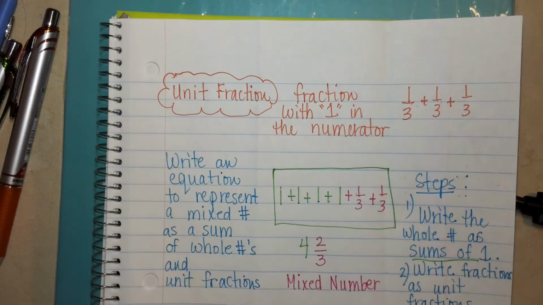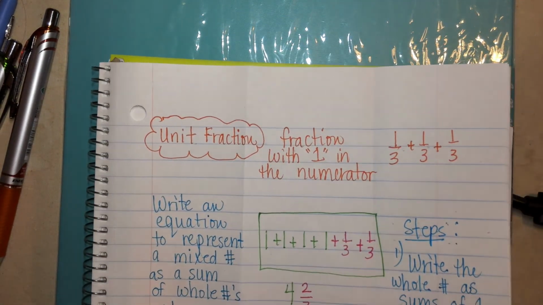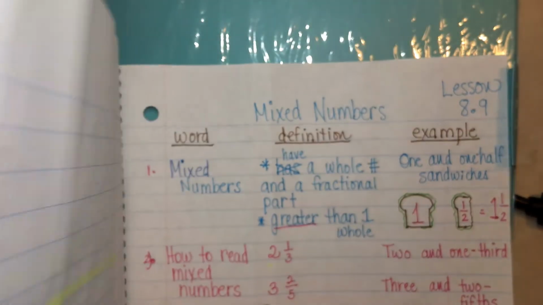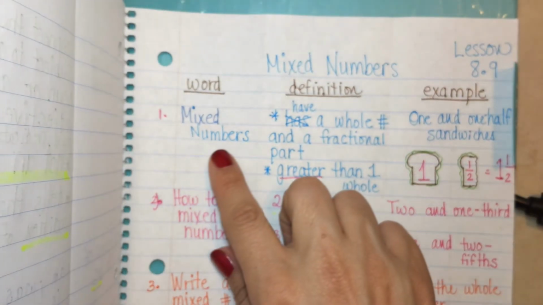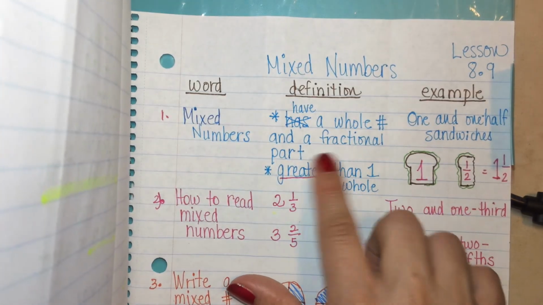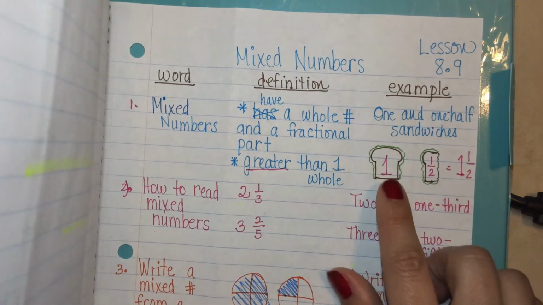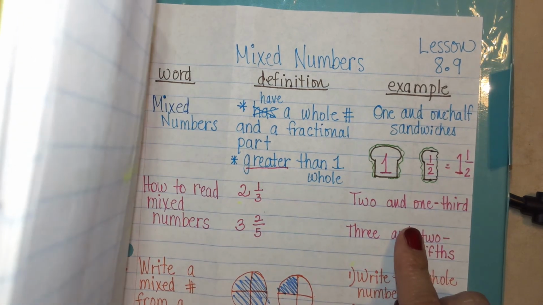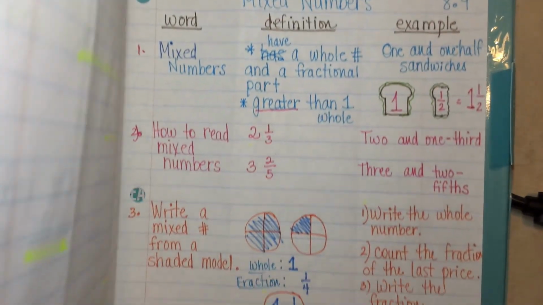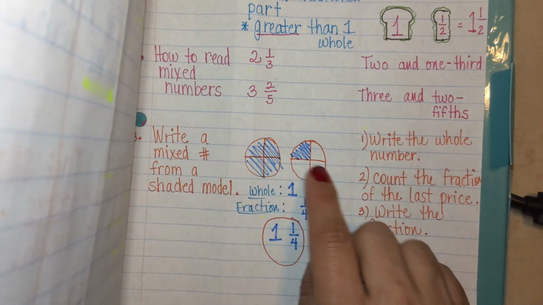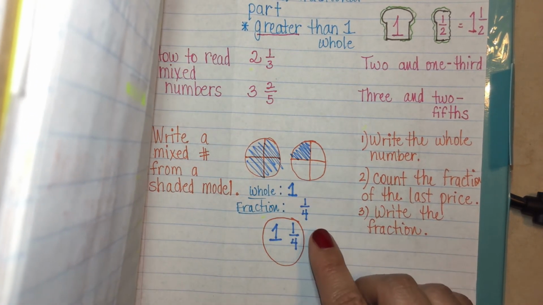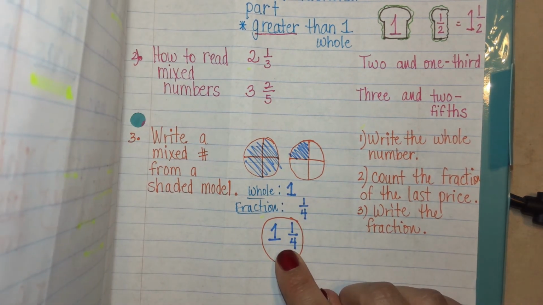All right, so today's lesson was on mixed numbers. You have a whole number and a fractional part, like 1 and 1/2. This is how you read them, all spelled out. If you get a shaded model, you know you have 1, and in this case, you only have a fourth, 1 and 1/4.